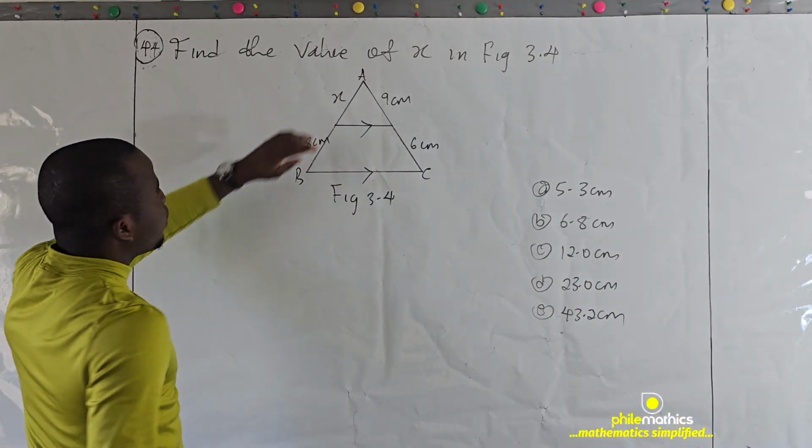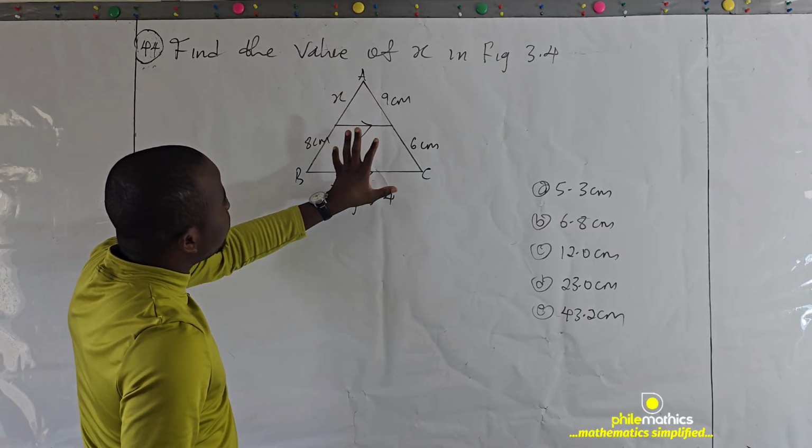So by similar triangle, this triangle is similar to the bigger triangle.